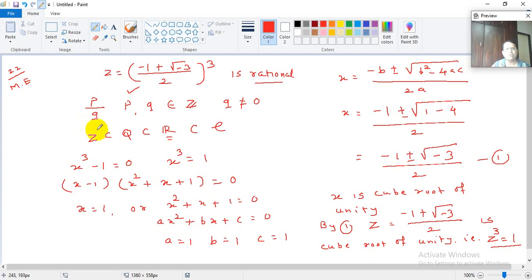Only thing is that q is 1 and by the rules it must be non-zero. That is also satisfied. So as z cube is 1, you can declare here that 1 belongs to Q, right? z is a rational number.